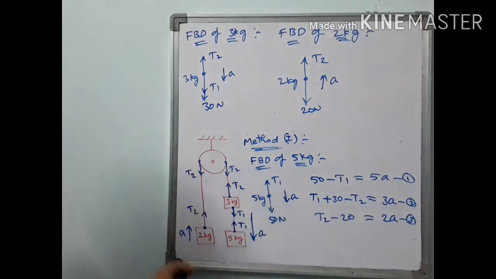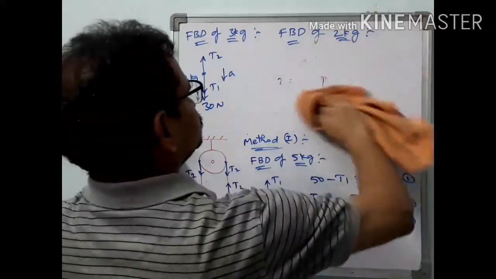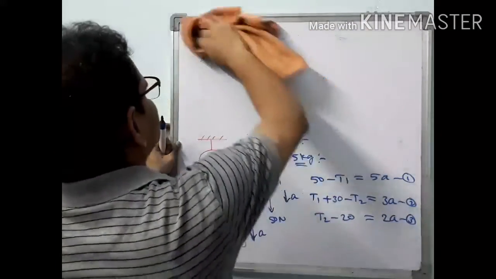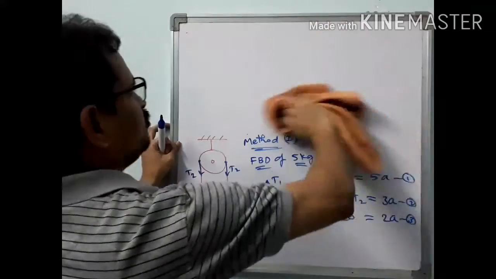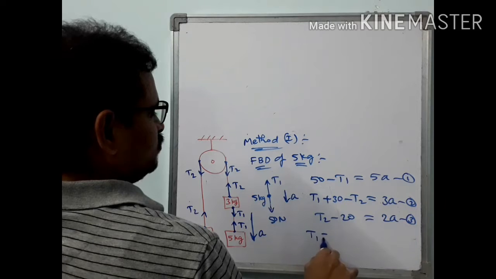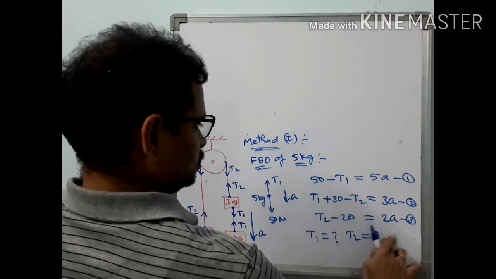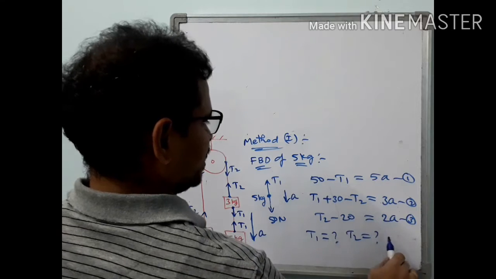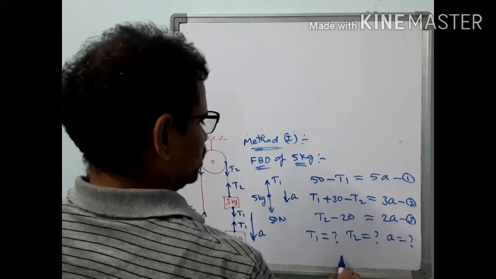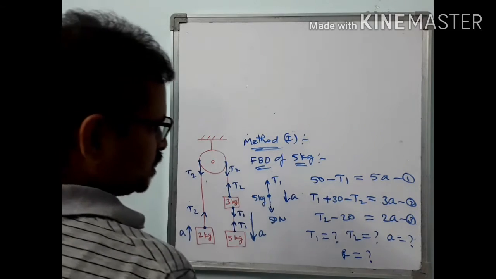We got 3 equations. Now we can solve these equations for T and A. Now what do we have to find? T1 equal to how much? T2 equal to how much? The common acceleration A equal to how much, as well as the reaction force on the pulley R equal to how much.